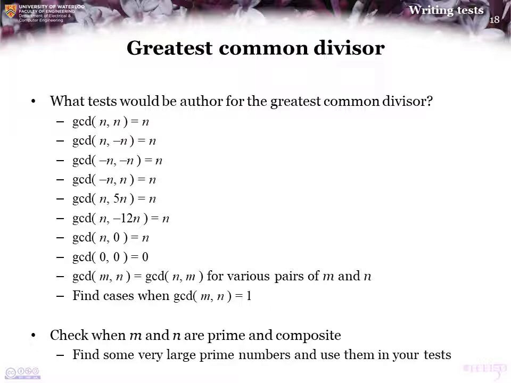And once again, I should be looking on the web and finding some very large prime numbers and using these in the tests as well. Not just 17, 19, 31, 91, etc. Oh, wait a second. 91? No, that's not prime. Anyway, carrying on.